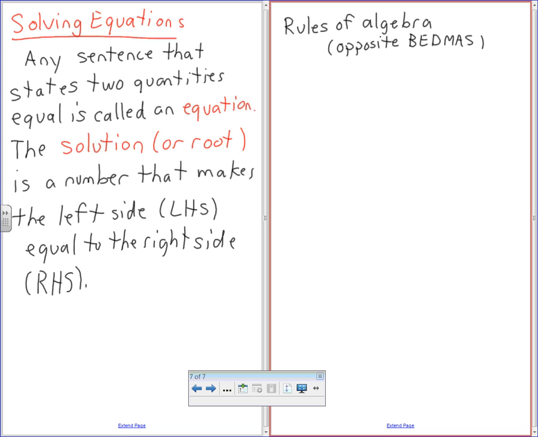Okay, you're going to get the x's on one side and numbers on the other. While we're doing this, we're going to remove brackets using the distributive law.